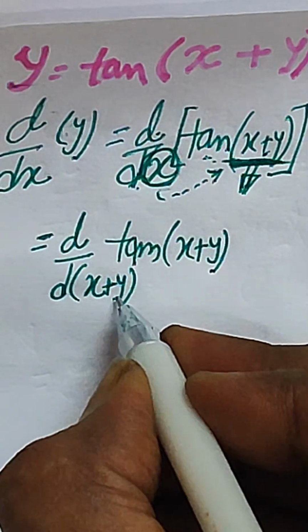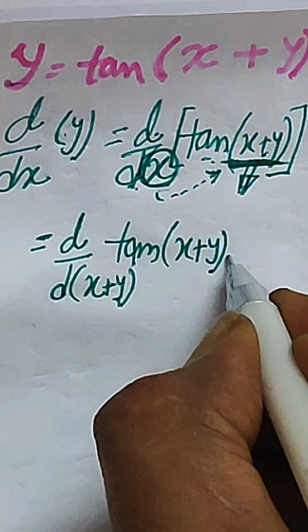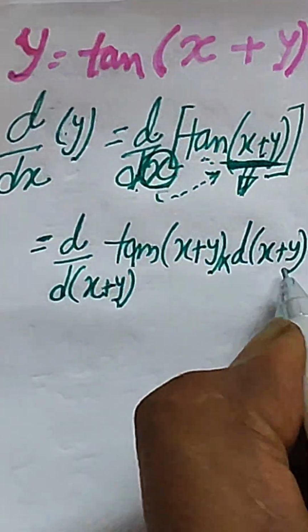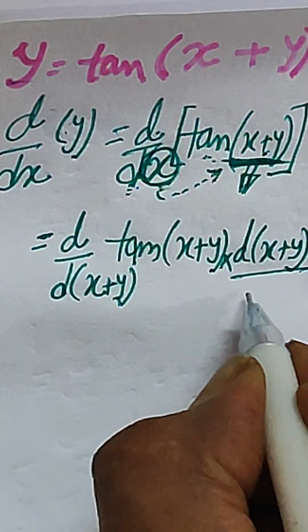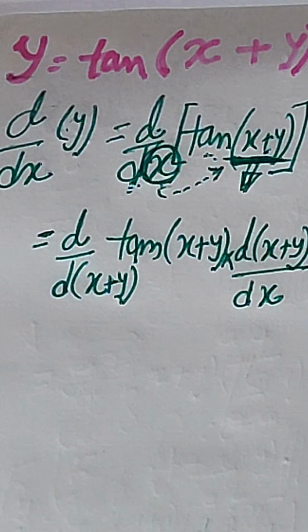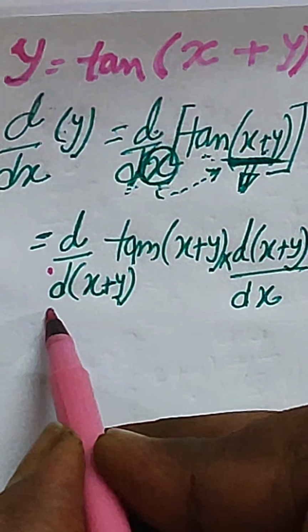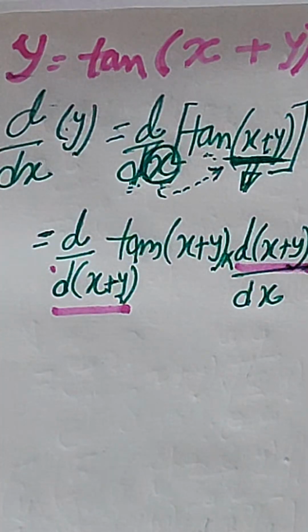Since d of x plus y is introduced into the denominator, we have to write d of x plus y into the numerator, and earlier it was dx. So we have introduced these two terms, d of x plus y here and d of x plus y here.